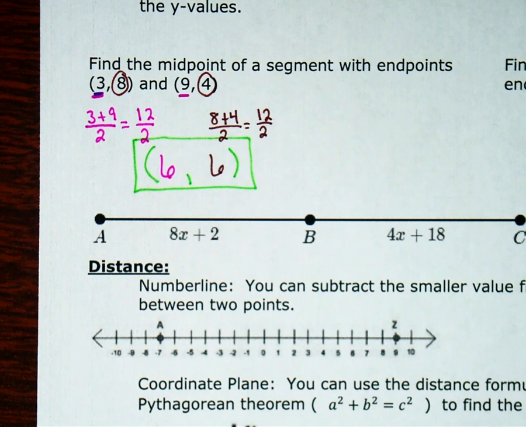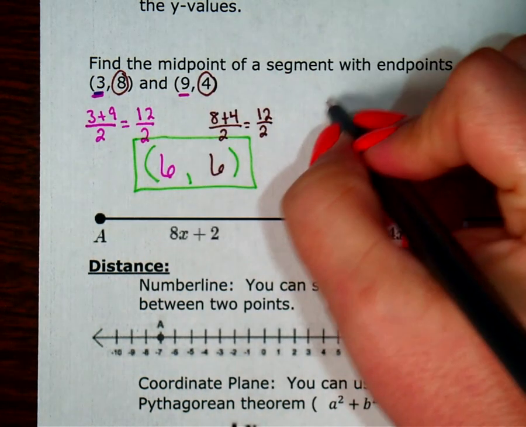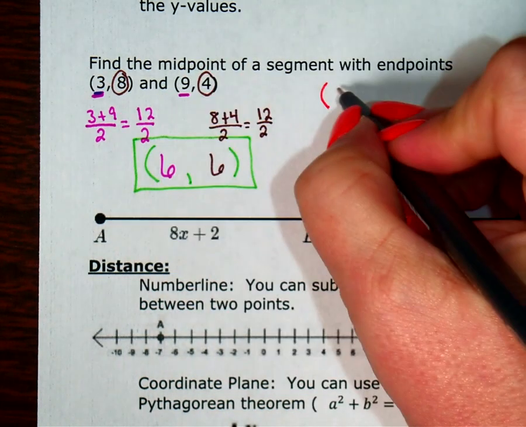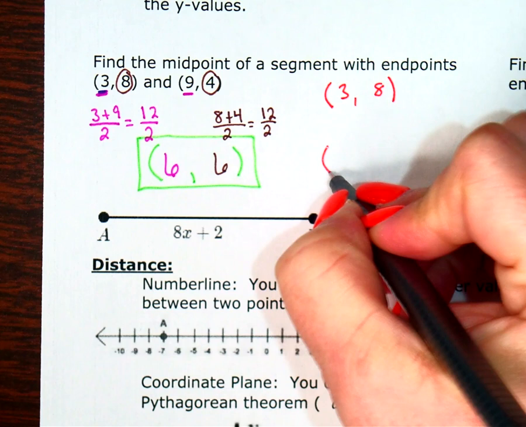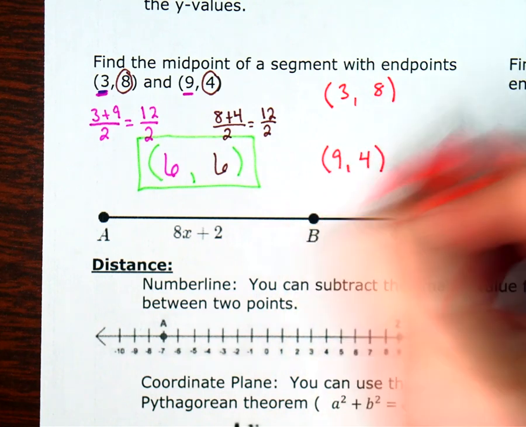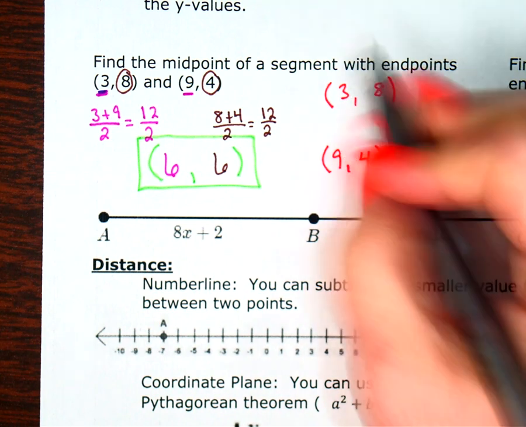Here's another way we can look at that. Sometimes what I'll do is line them up: (3, 8) and (9, 4). And when I line them up, I can ask what's going to be exactly in the middle.